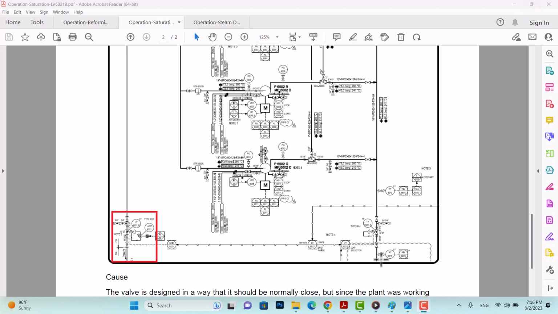This water goes to the shell side of the reactor, and we have catalyst inside the tubes. When the gas stream passes inside the tube, the reaction takes place, and since the reaction is extremely exothermic, there is a great deal of heat transferred from the tube side to the shell side.